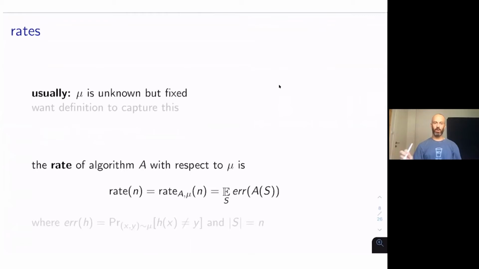What we want to understand is the way, for a single fixed distribution mu, the error tends to zero as more and more samples are collected. This is the rate of a specific algorithm with respect to a specific distribution. It is the expected error of the learning algorithm when n samples are collected. So this is the learning rate of a specific algorithm.